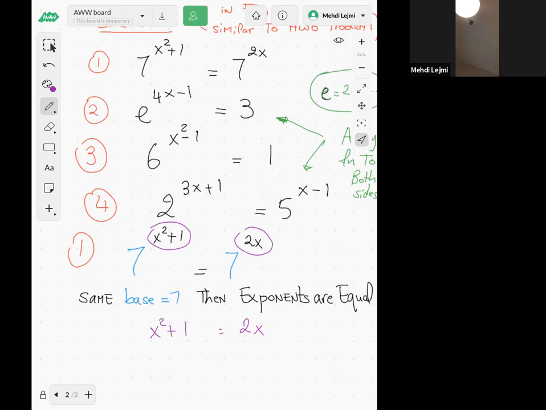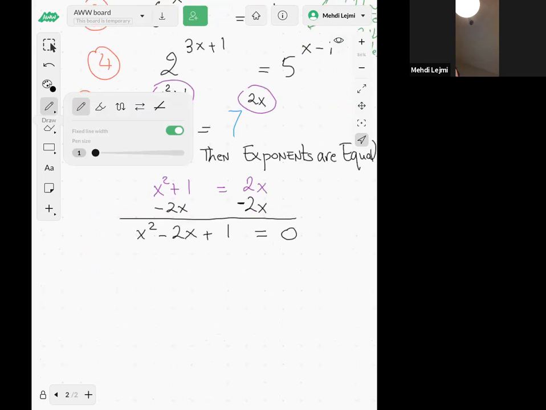All right, and then I'm going to subtract 2x on both sides. So then I get a quadratic equation: x squared minus 2x plus 1 on the left side, and just 0 on the right side. Just use the quadratic formula, or you can factor if you know how.